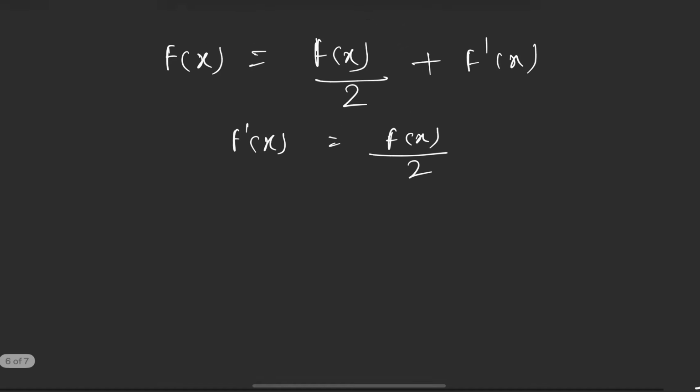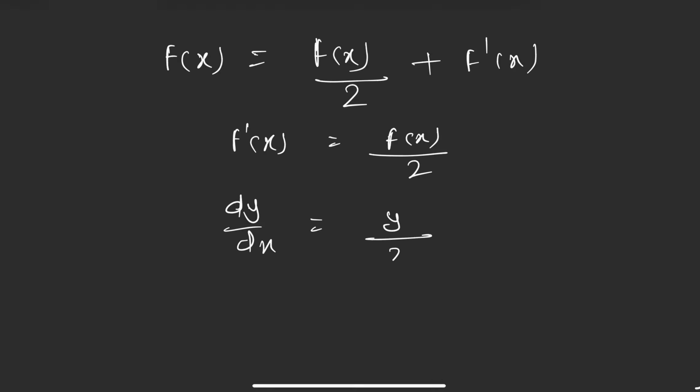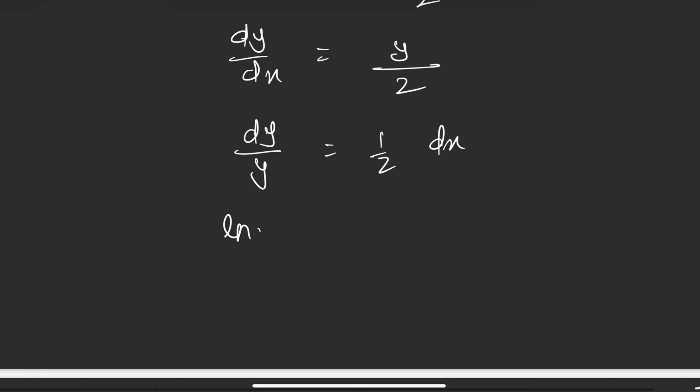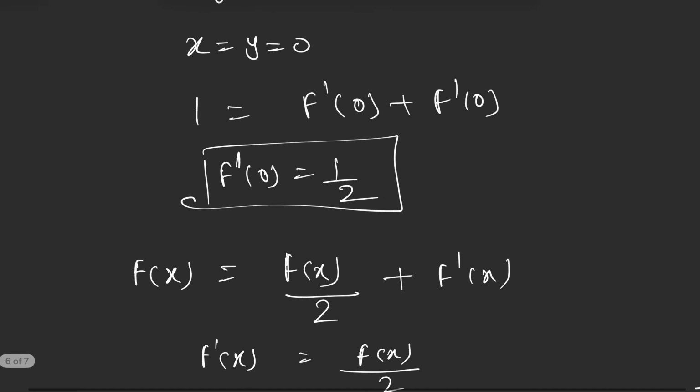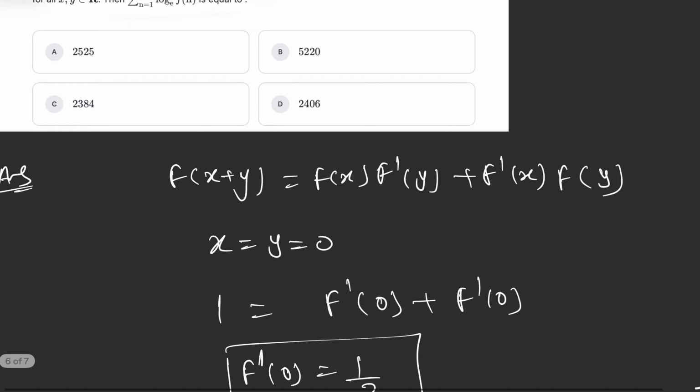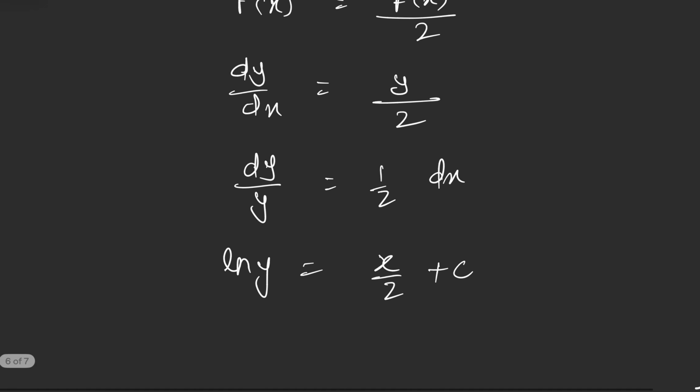So I can write this as dy by dx equals y by 2. So from here dy by y equals 1 by 2 dx. Integration is very easy. ln of y equals x by 2 plus c. To get the value of c, I think we can use this information that f of 0 is 1. So when x is 0, y is 1. So 0 by 2 is 0.